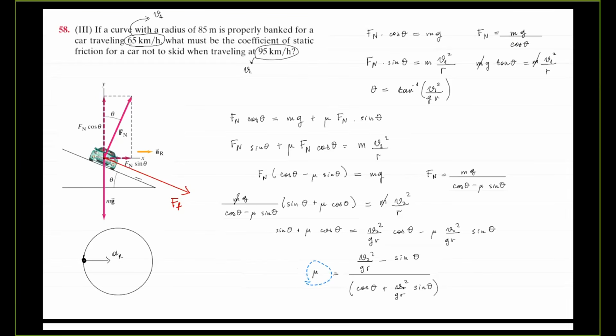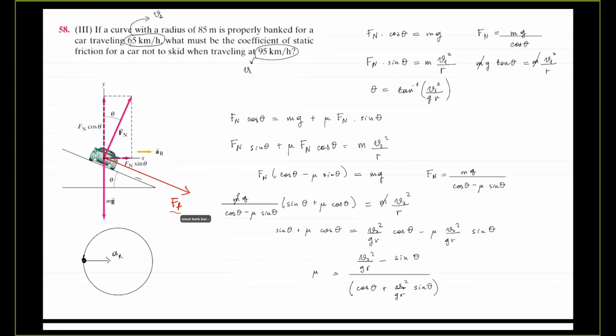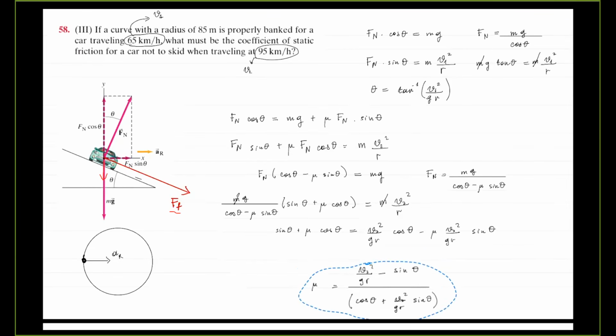Hocam, may I ask, pardon? Yes, go ahead. Can I annotate? Yes, go ahead, please. There is a frictional force, and the friction force has a y vector, so mg plus the y vector of the frictional force equals F normal cosine theta.